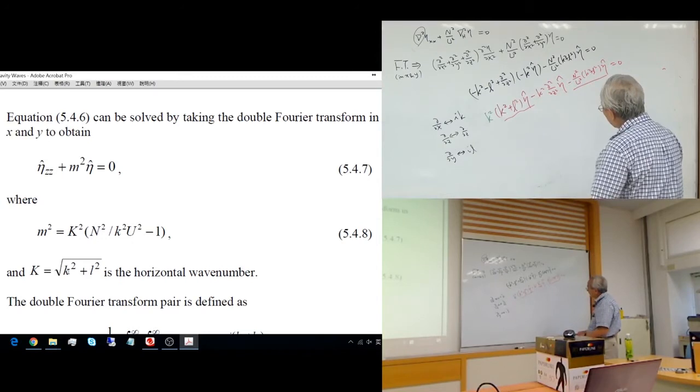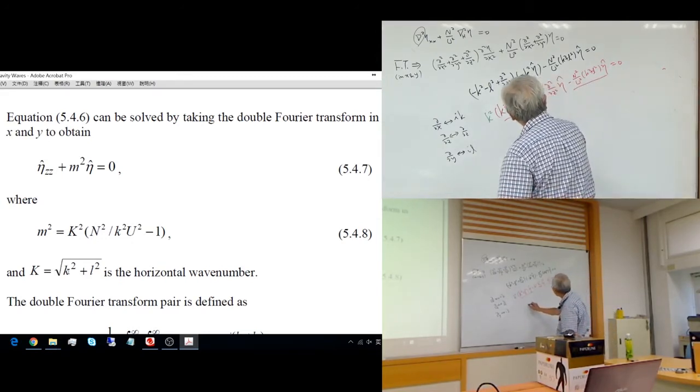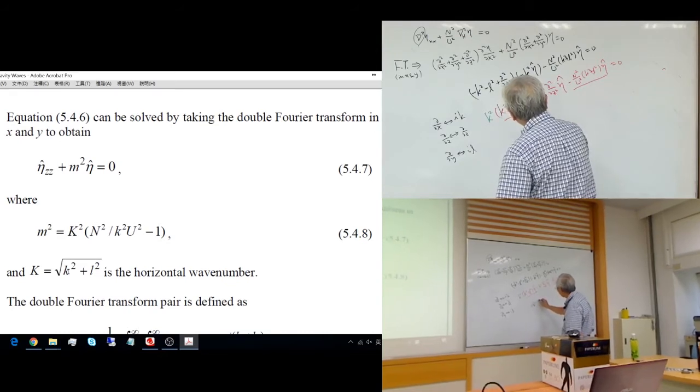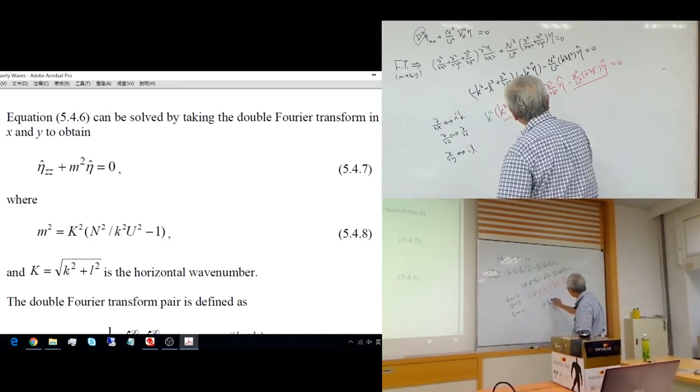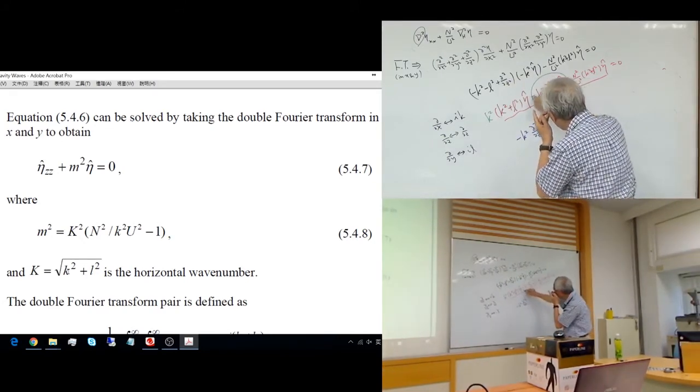Okay, so this means we have K squared partial g squared, and then eta hat. Okay, so this is done.